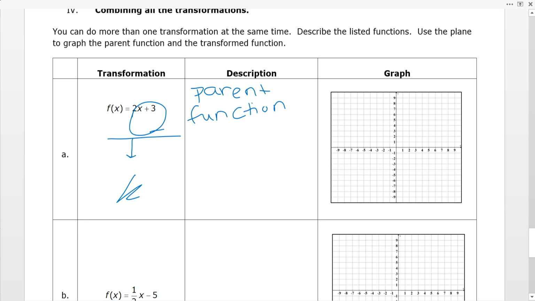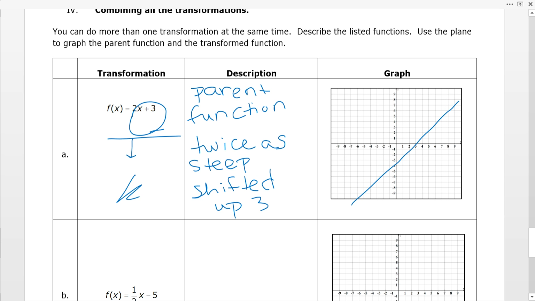This new line is twice as steep and shifted up 3. So it's going to be twice as steep and it's going to be moved up 3. 3 is going to be the y-intercept.